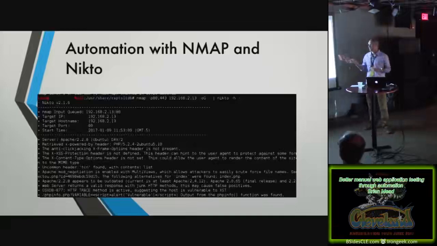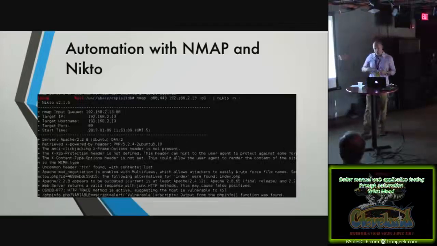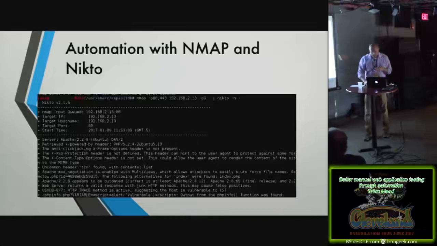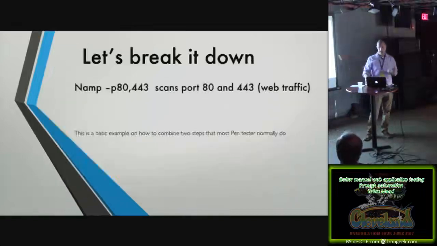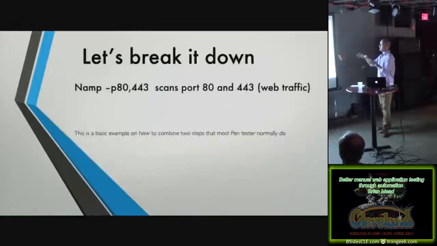If you're using Kali and you update to the latest version of Nikto, which is included with Kali, it'll have this functionality built in. So we can pipe that information from Nmap to Nikto. On the next slide, I break down how that command looks.